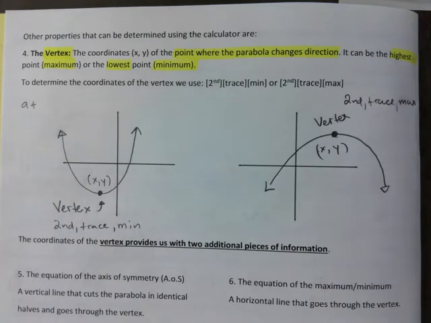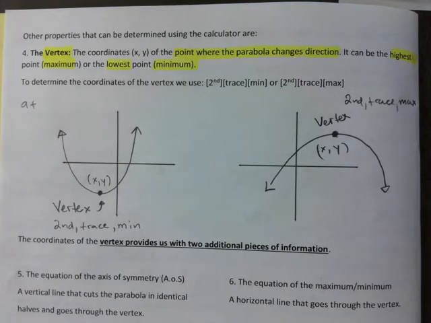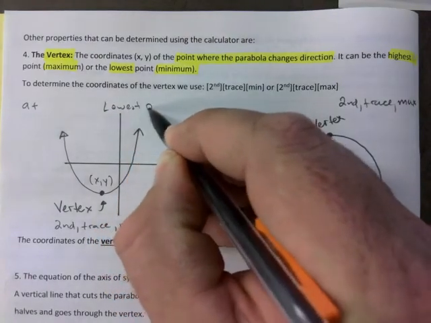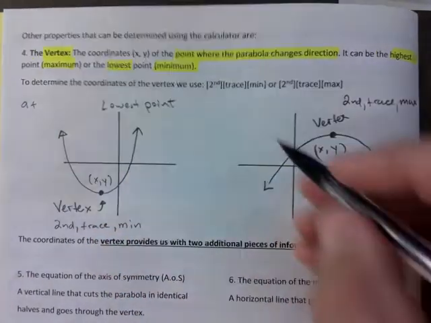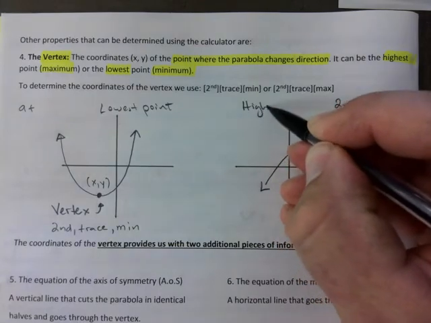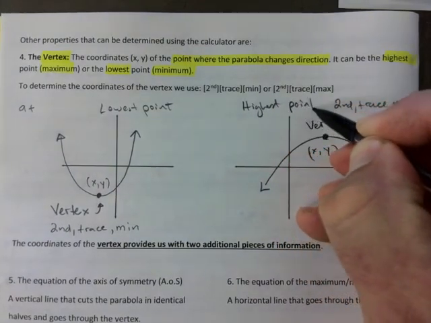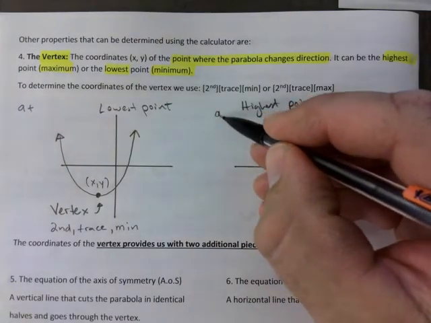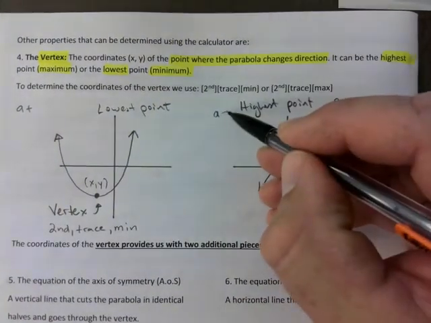And then you're going to have to select one of those options there. Lowest point, right? And here it's the highest point. And I forgot to put A is negative here.